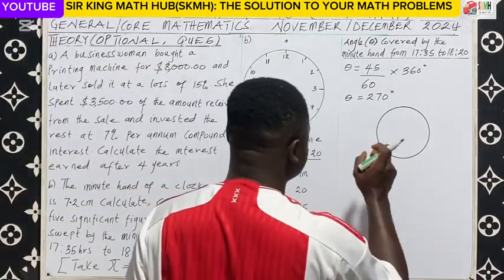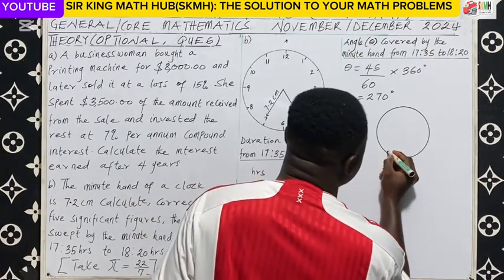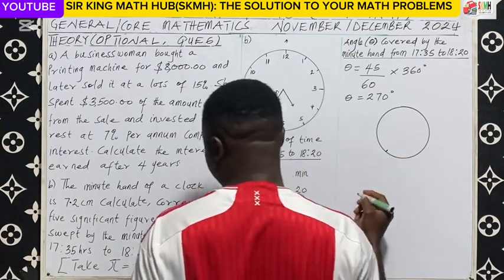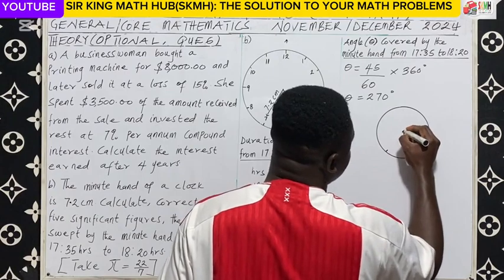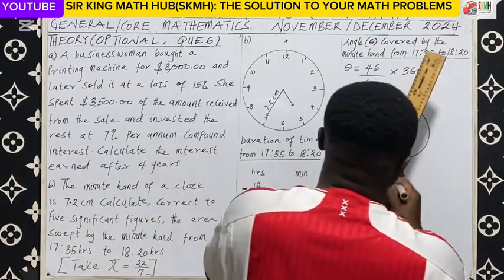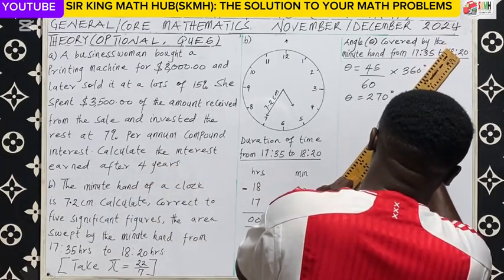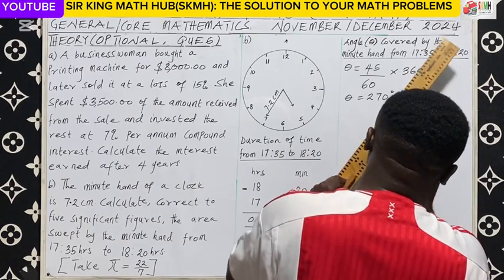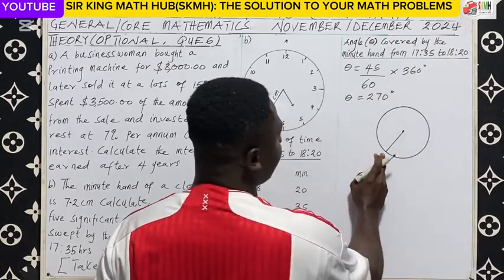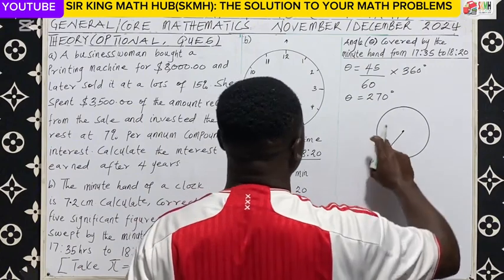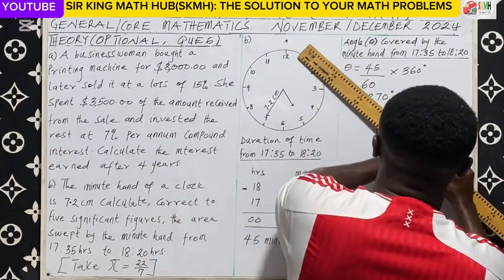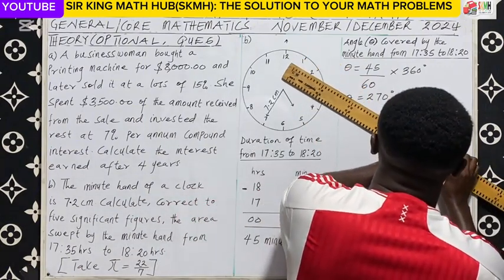Our focus is on the minute hand. So there is the center of a circle, and there is the starting point. That is from 17:35 to 18:20.